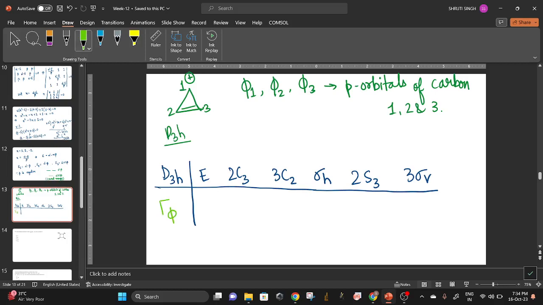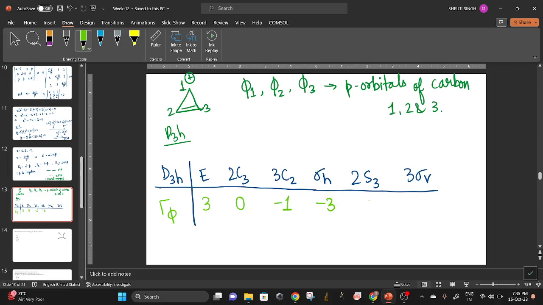So under E there will be no change, so it will be equal to 3. Under C3 all will change position, so it will be 0. Under C2 the atom through which the C2 is passing will not change, the other two will swap their position. So under C2 the character will be minus 1, minus because the p orbital will change its lobes. Sigma h is minus 3 because the p orbitals will change their lobes, but the positions will not change.